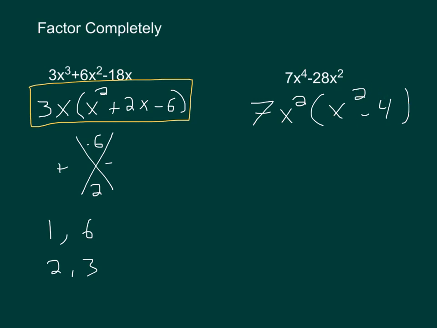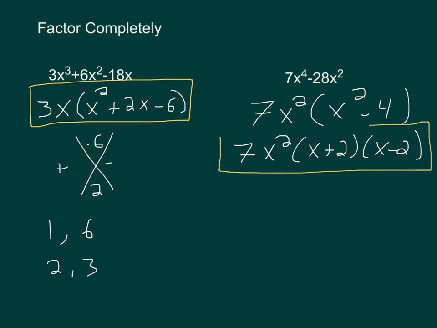X squared minus 4 I actually can break down, and that's going to be a difference of squares. So that allows me to quickly jump to 7x squared, x plus 2, x minus 2, because x to the second power is x squared, and 2 to the second power is 4.